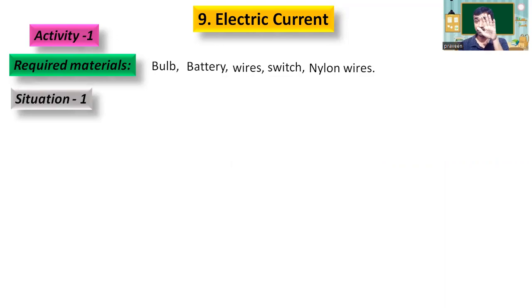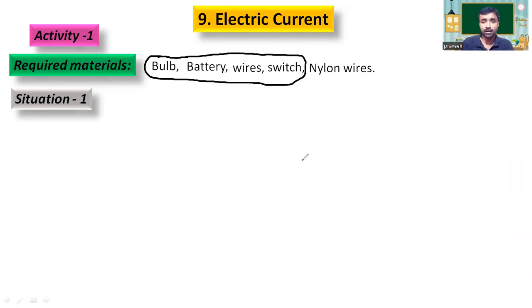So here I am creating three situations. What are the three situations? In one situation, I am using only the simple components of a circuit, namely bulb, battery, wires, and switch.